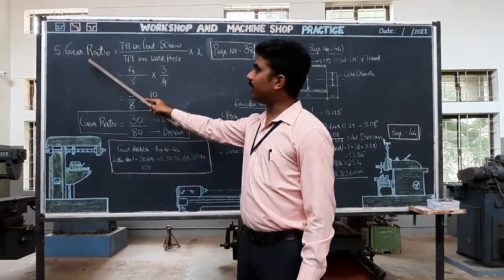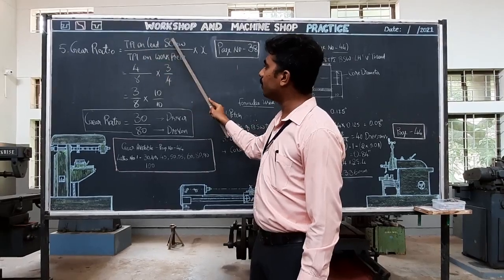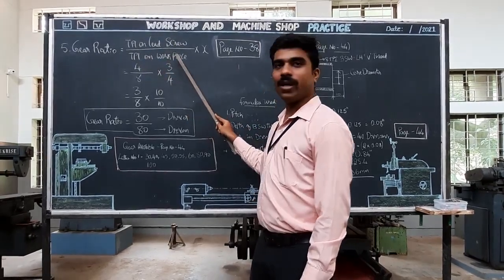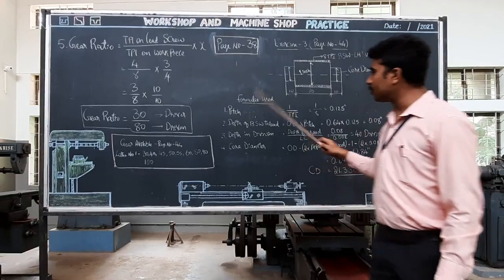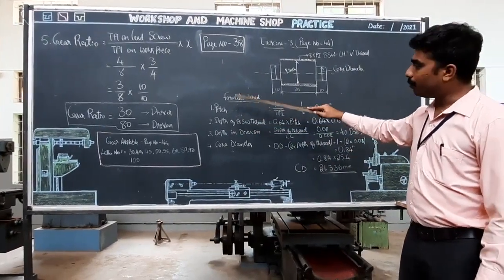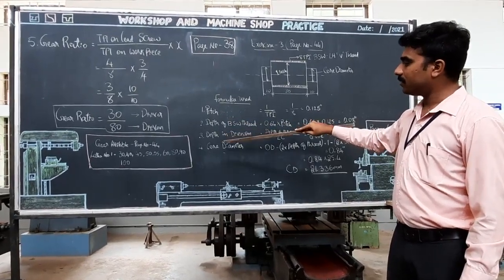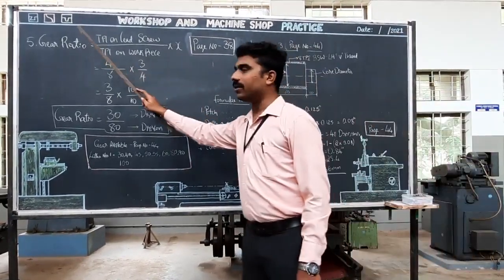You can calculate the gear ratio by knowing the TPI on the lead screw and the TPI on the workpiece. I'll go through each of these items: how to calculate pitch, depth of BSW thread, depth in division, core diameter and gear ratio.